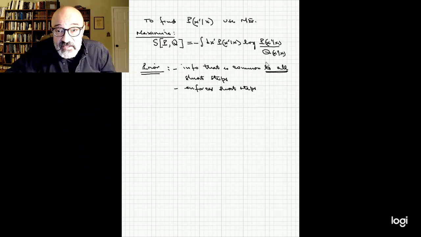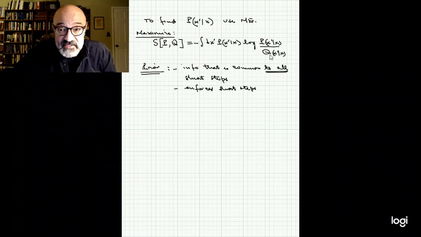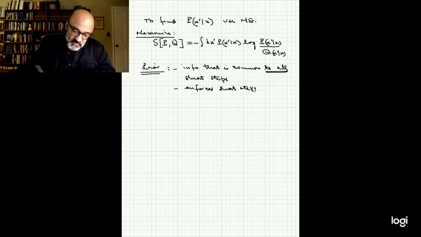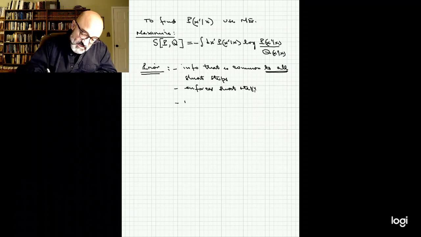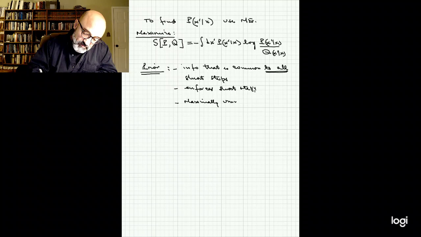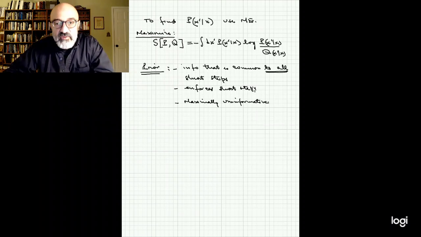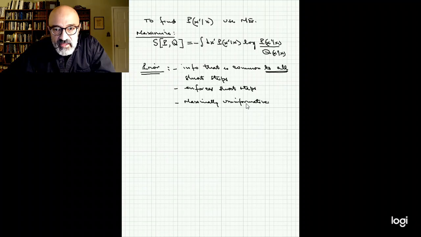We want this prior here to be such that it gives zero probability, or very low probability, if the delta x is large, okay? So it enforces short steps, and otherwise it's maximally uninformative. We do not want any preferred motion.